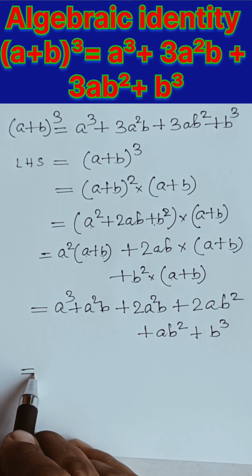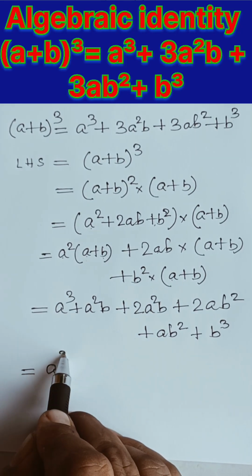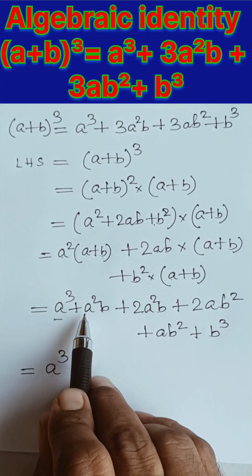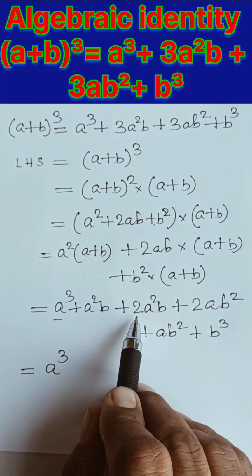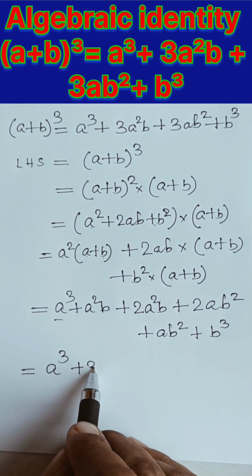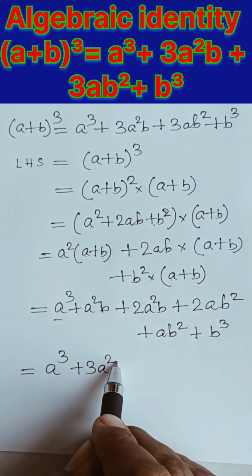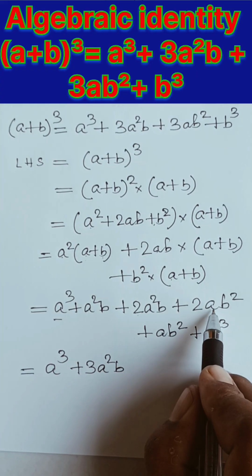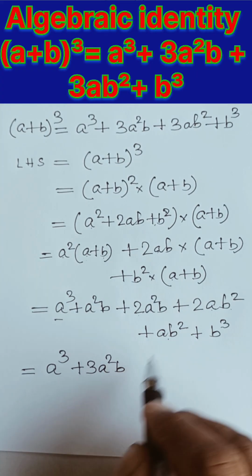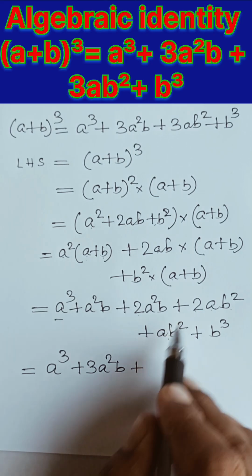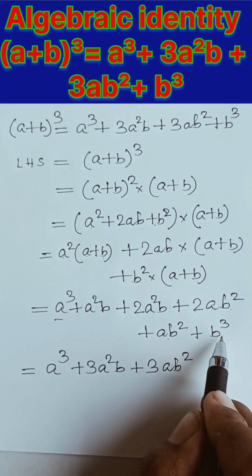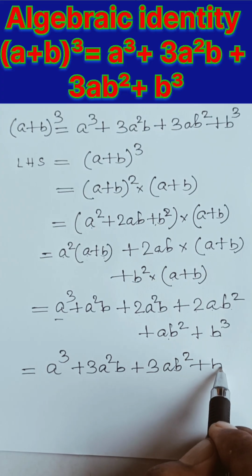Now a cube, this is the term a cube. Now a square b terms, these are like terms, so we can add them up, 2 plus 1, that is 3a square b. And these ab square terms are like terms, so we can add up 2 plus 1, that is 3ab square, and the last term is b cube.